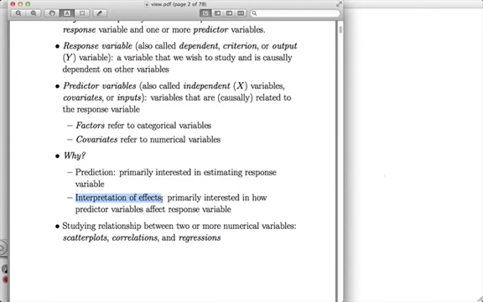So we may want to know, as the machine gets older, how does the maintenance cost increase or change? Okay, so what we're really looking at when we interpret effects are slopes. This will become clear once we get into some examples.